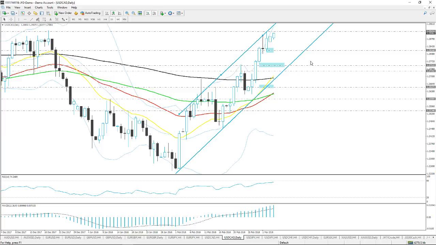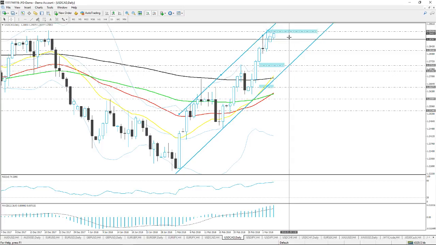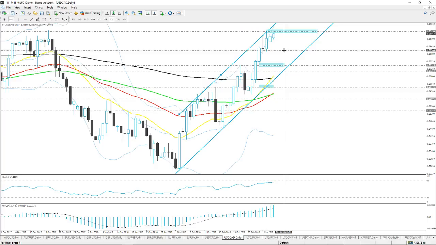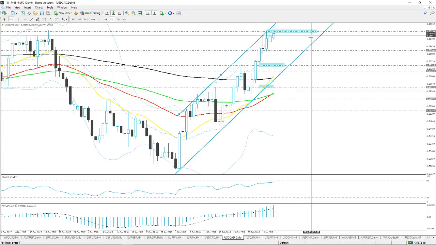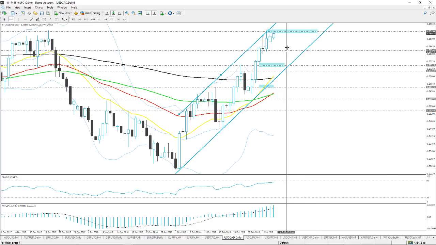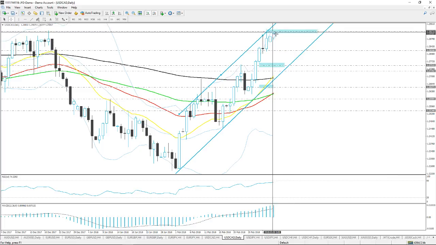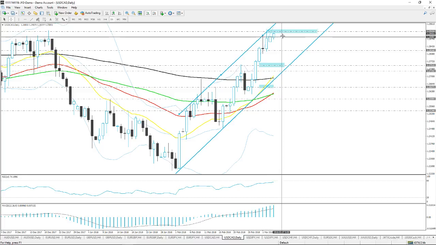It has a good resistance level around this area right here, around the 129.150 area. If we start seeing rejections around this level, then watch out, we could have a bit of retracement here, and we could move lower, first probably towards the 128.250 area, and if that doesn't hold, then maybe a test of the bottom side of this channel. But that's if we start seeing rejections at this level at 129.150.